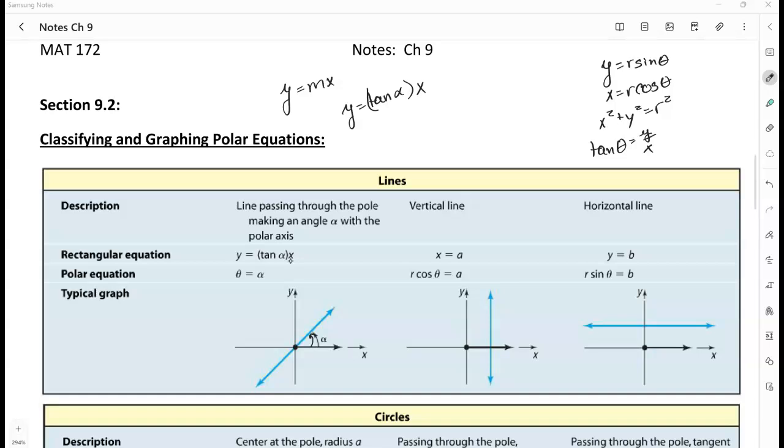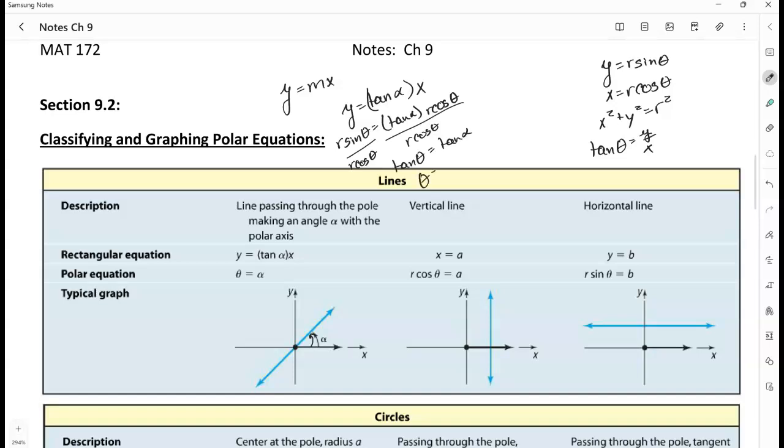Then if we make our substitutions, r sine of theta is equal to tangent of alpha times r cosine of theta. Now let's divide everything by r cosine of theta. We have tangent of theta on the left is equal to the tangent of alpha on the right.